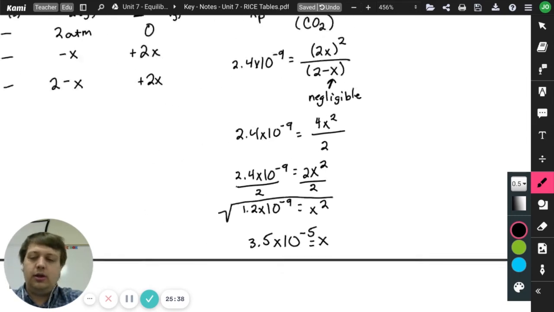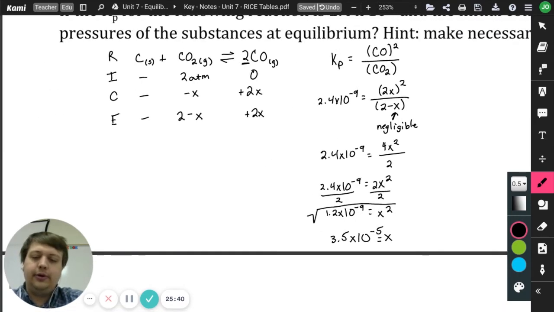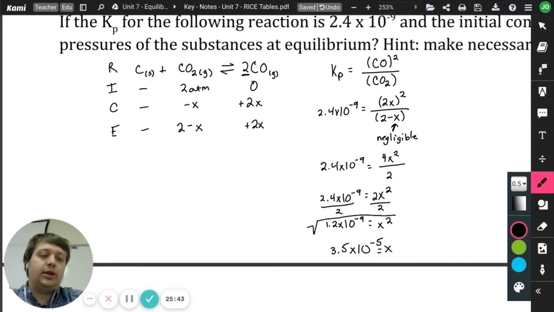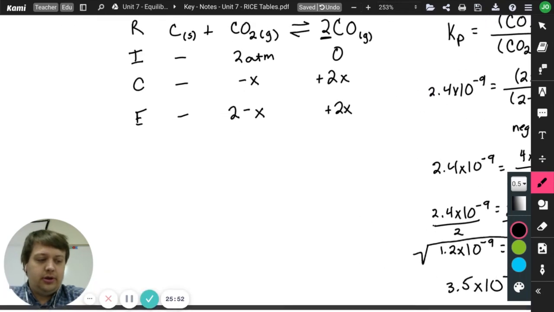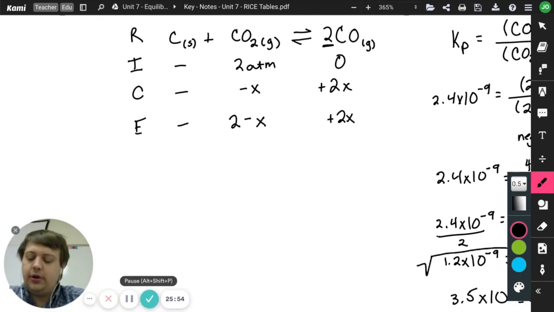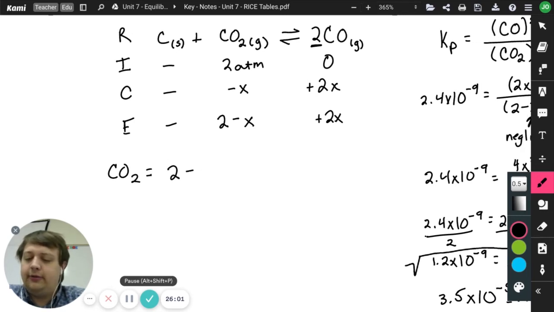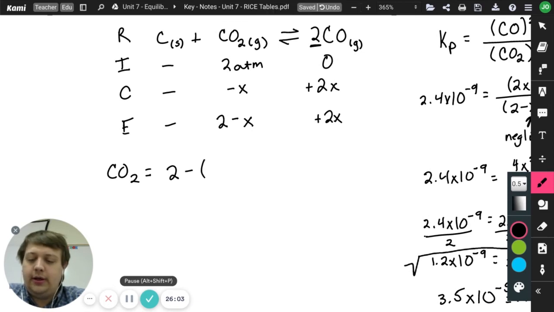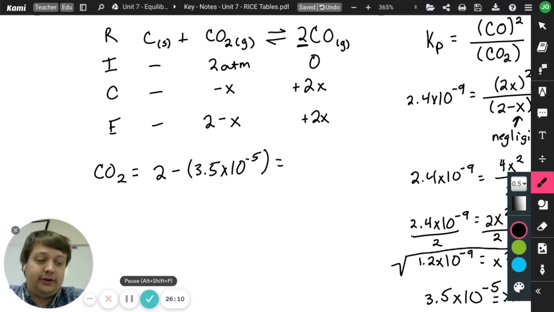Now, I need to solve for my actual question. What are the partial pressures of the substances at equilibrium? Okay. Again, I'm just going to plug in my numbers here. For CO2, it would be 2 minus 3.5 times 10 to the negative 5, which is going to give me basically 2, right?